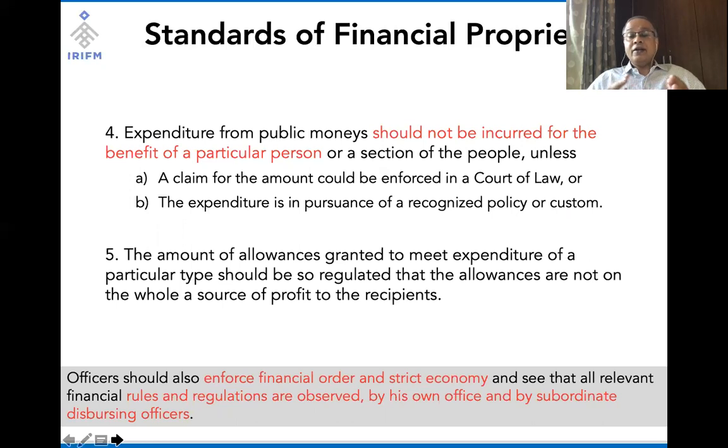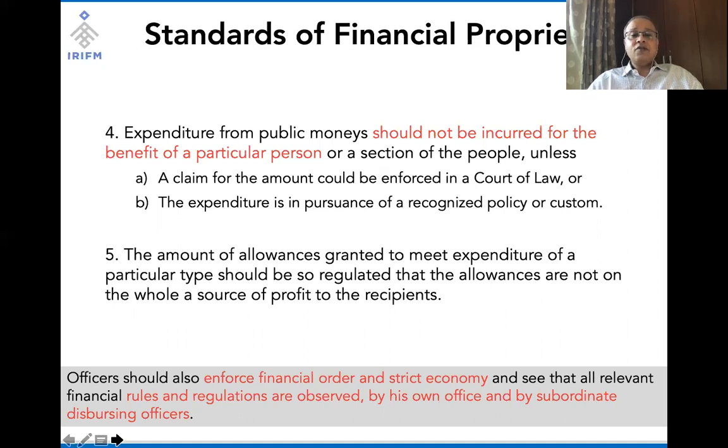What essentially it means is, if an expenditure is not authorized by public policy and has not been sanctioned by public authority, such expenditure should not be incurred, right? So sanction for expenditure is important for incurring expenditure, right?